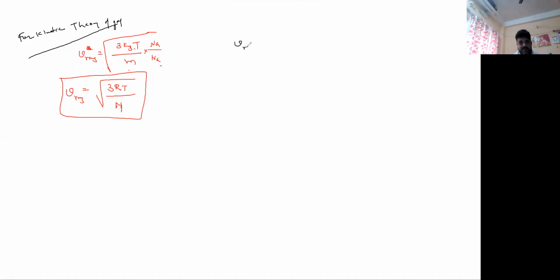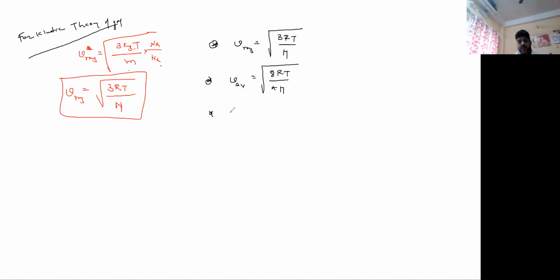RMS speed का फॉर्मूला होता है root under 3RT by molecular weight. ये तुम लोग केमिस्ट्री में भी पढ़ा होगा. एवरेज स्पीड का फॉर्मूला होता है, root under 8RT by pi m. 8RT by pi m.